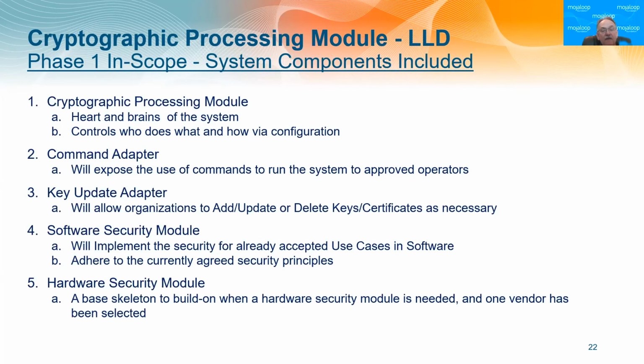And a small organization who's only got a couple of thousand wallets, who isn't big, they need to keep this down to a very low cost. By implementing the software security module, that will help them keep all their costs down.